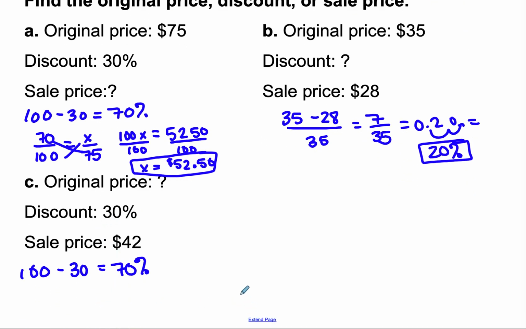That's my equation. Okay, so my part, my sale, $42, equals my percent as a decimal, 70% as a decimal is 7/10, times x. We don't know what the original is. I need to divide both sides by 7/10.